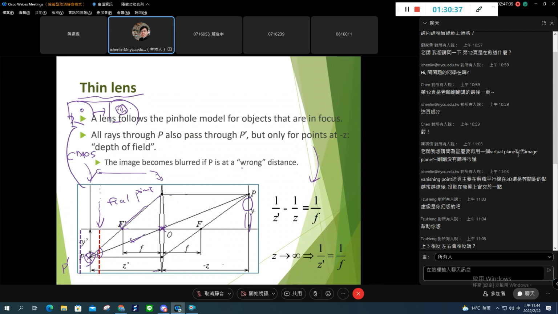And again, when you move beyond this point, the projected point will spread again because it is no longer convergent and straight. So this is the so-called thin lens model.